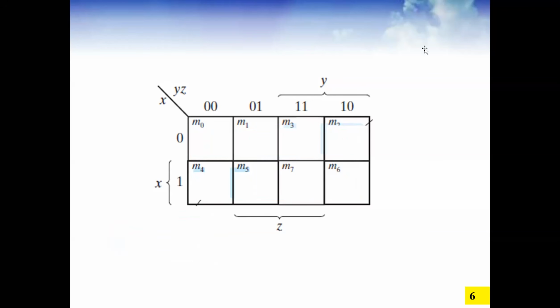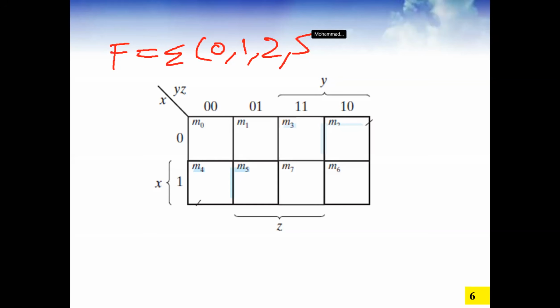I have given a function, for example, f is equal to summation of minterms 0, 1, 2 and 5, plus D, where D stands for don't care.